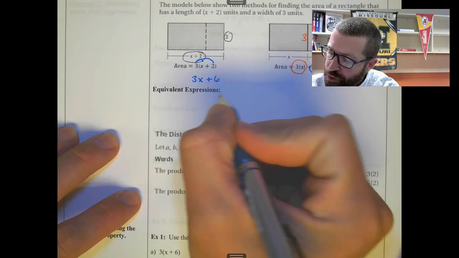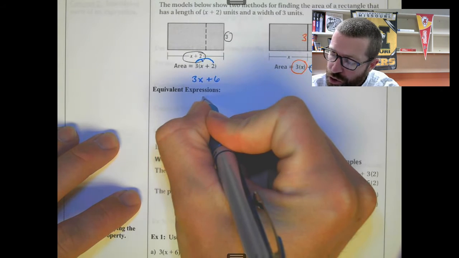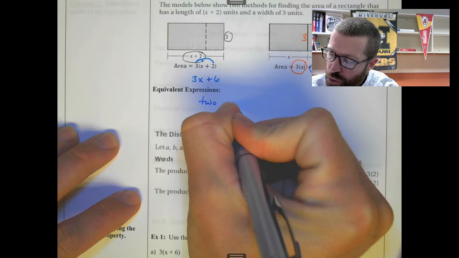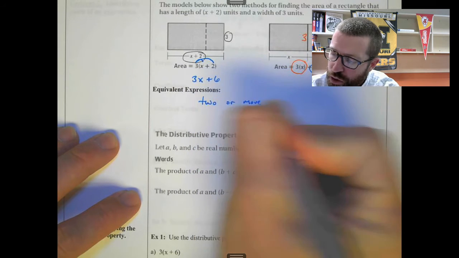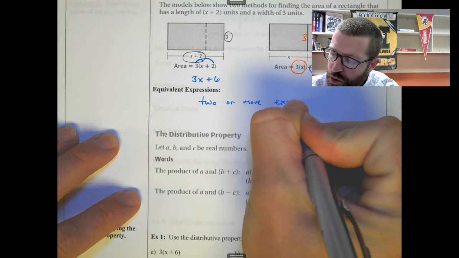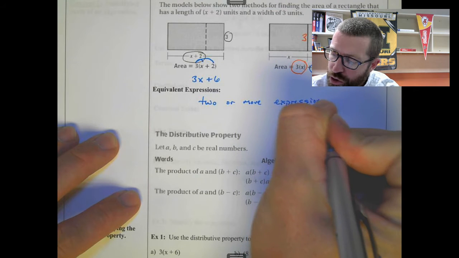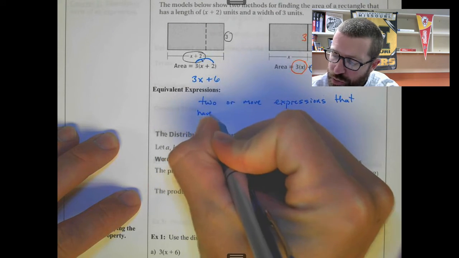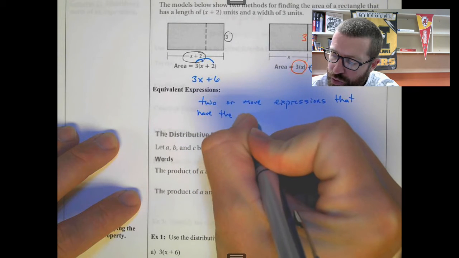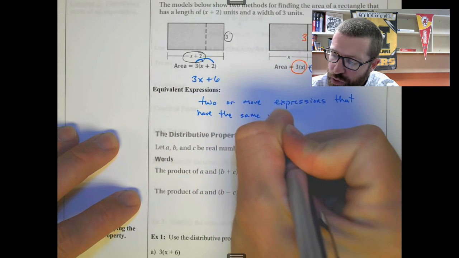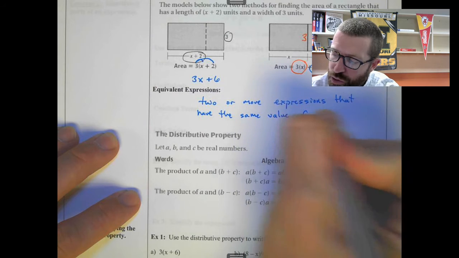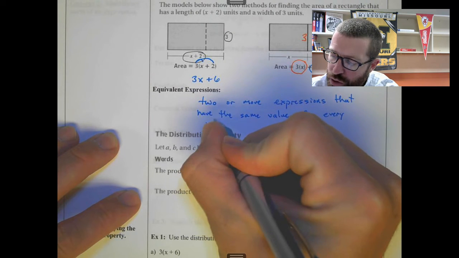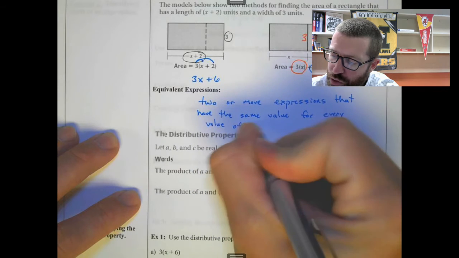Let's write this down. They are 2 expressions, or I guess it could be more, 2 or more expressions that have the same value for every value of the variables.